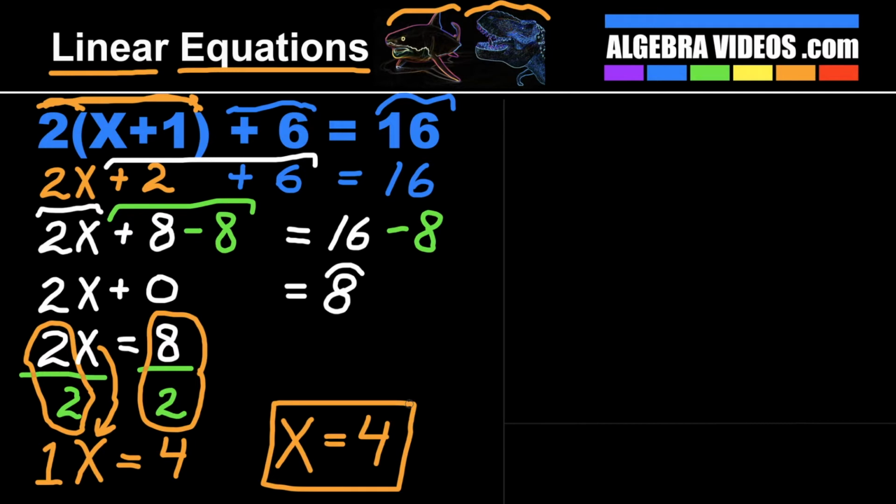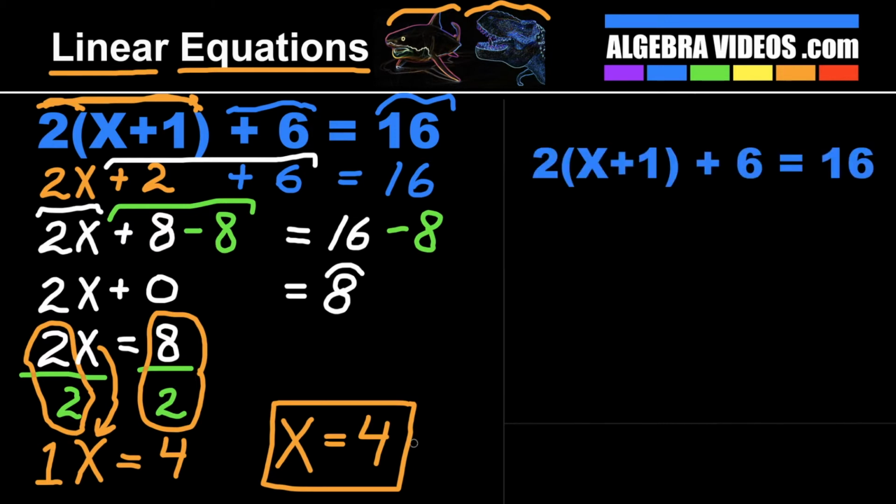That's really all we have to do on your quiz or your test or your homework or whatever the case may be. But if we want to make sure we got the right answer, even before we turn in our test, we want to plug this 4 back into the original equation wherever there's an x. So let me rewrite the original equation out here on the right side.